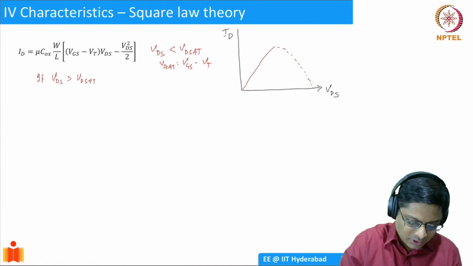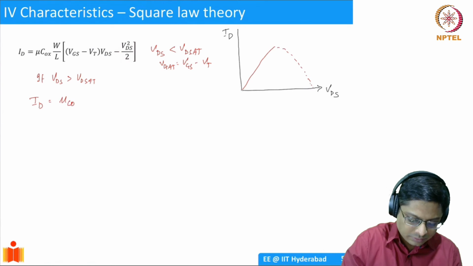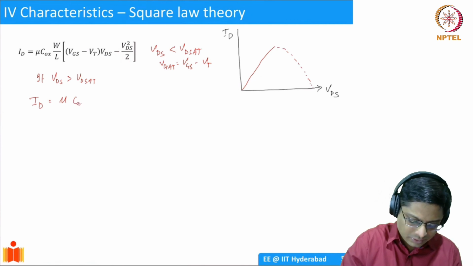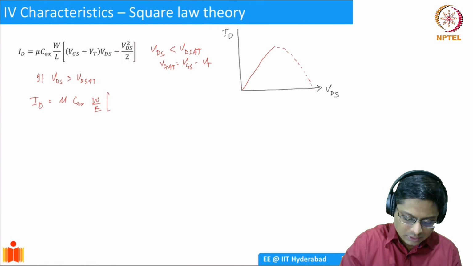This expression becomes ID equal to mu Cox W by L into VGS minus VT times VD sat minus VD sat square by 2.